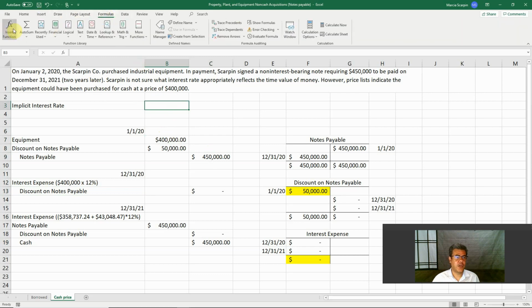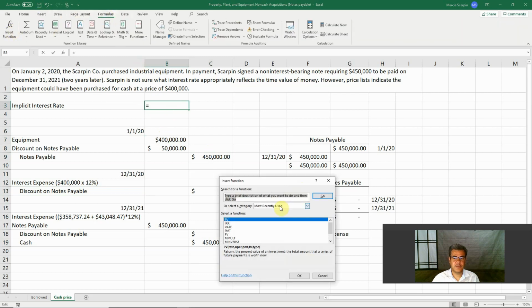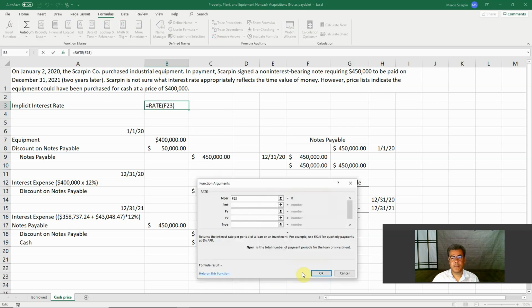We go on formula, insert function, let's go with all, and we need to find our rate. Rate here. Okay, number of period, 2 years. PMT, we will not be paying anything until the end of our contract. Remember, present value, 400.